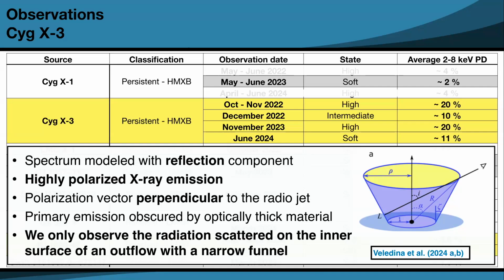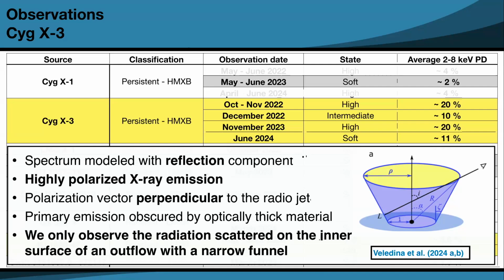So what we are observing is the radiation that is scattered on the inner surface of an outflow with a narrow funnel. But once again, if you're interested in this source, there is this reference paper and many more in preparation on this.